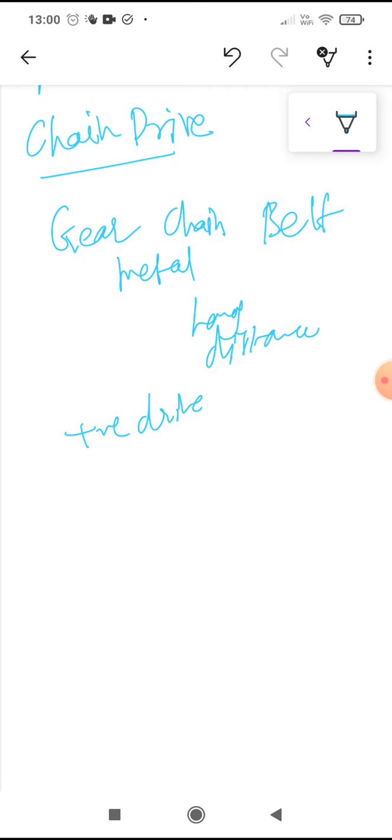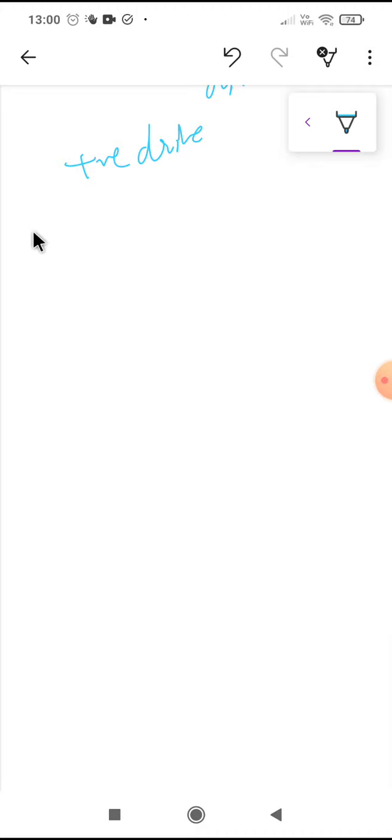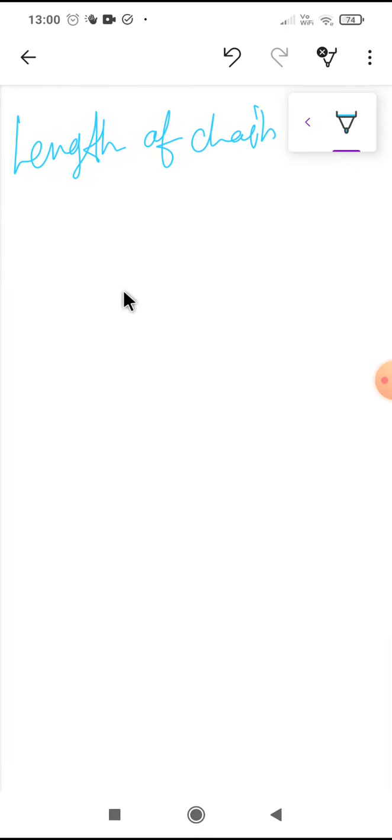Now the next topic which we are going to discuss is the length of the chain drive. So what is the length of a chain? The length of a chain will be calculated the same as for an open belt drive.